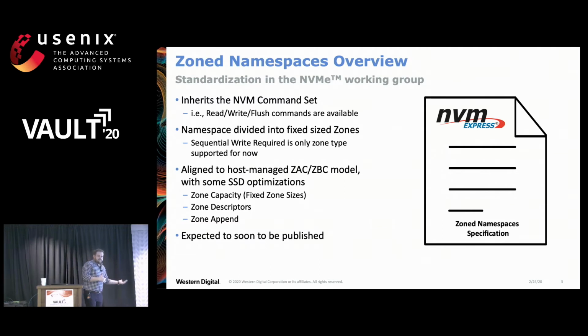Obviously, SSDs are not HDDs, as we said before, so we've got to be flexible. We're going to add some new stuff. Some of the new stuff we added was zone capacity, because in ZNS we have a fixed zone size. If we want to use it with Linux, the zone size has to be a power of 2, because that's how you most efficiently implement it on the host side.